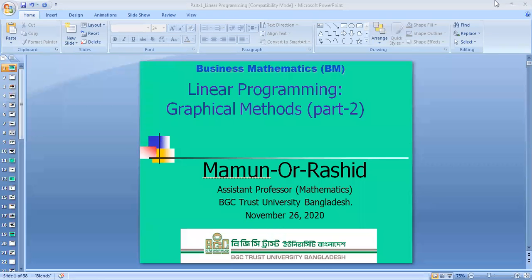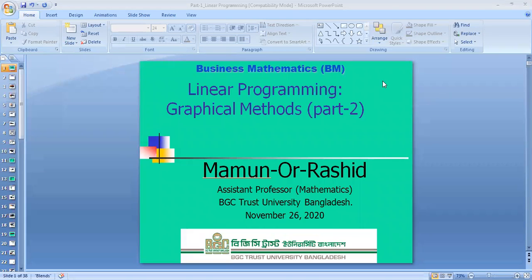So in the previous class we studied more about linear programming: what is linear programming, why we use linear programming problems, and what the applications of linear programming are in business, economics, industry, and engineering.